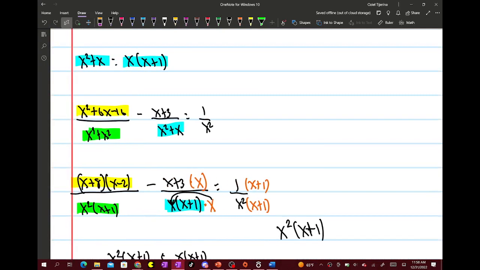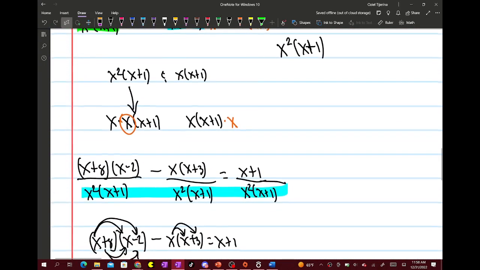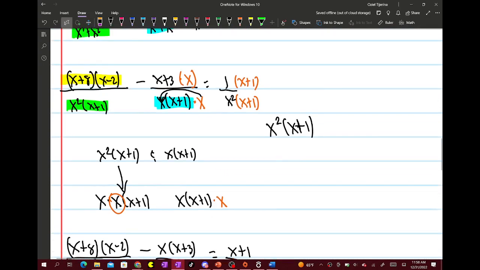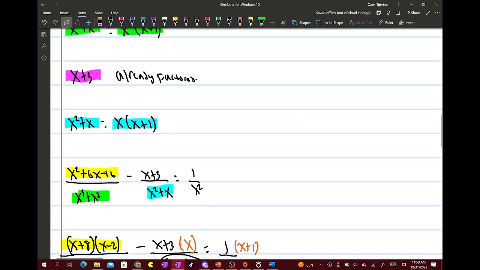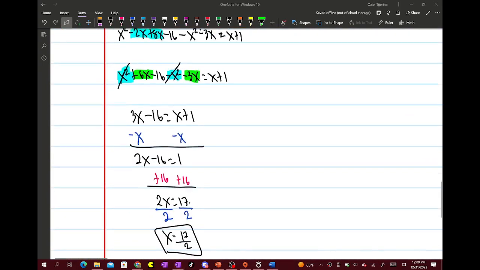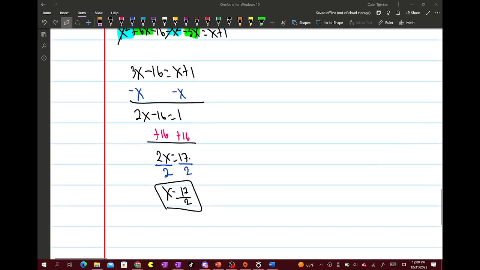So the way that this is going to work is you're going to just plug it back in. So really, if you check 17 over 2, if I do it off camera really quick. Actually, I will say this.